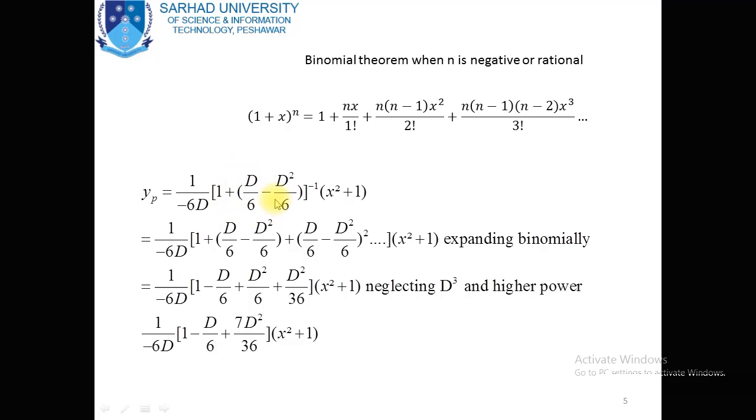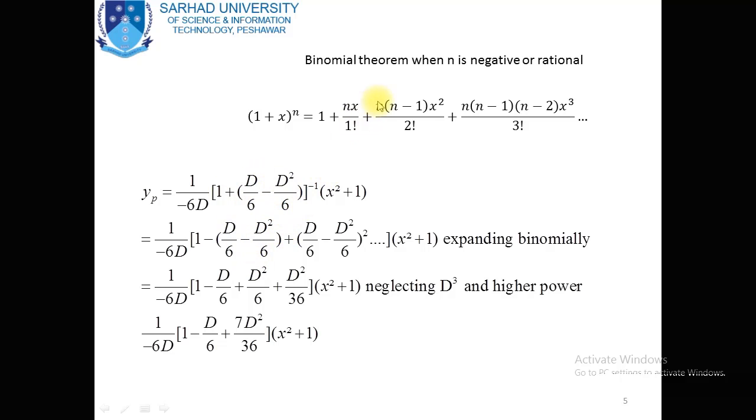For the binomial expansion, 1 is as it is, and now n is minus 1 and x represents this second term. So nx is minus 1 into x; this whole term represents the x term.